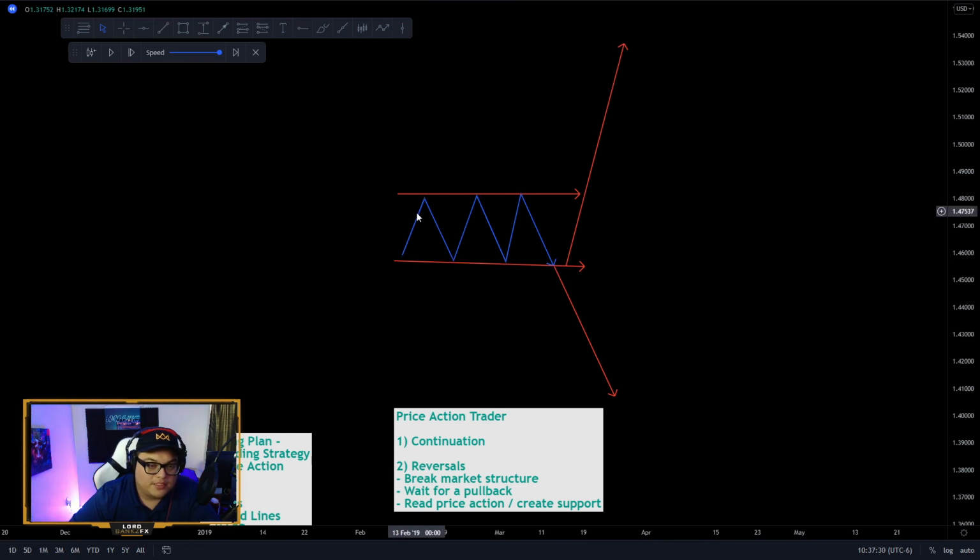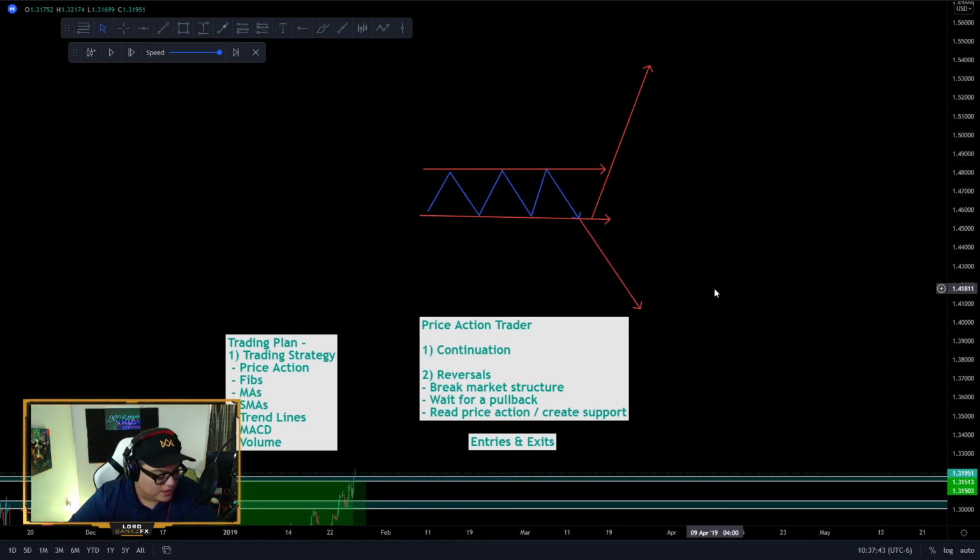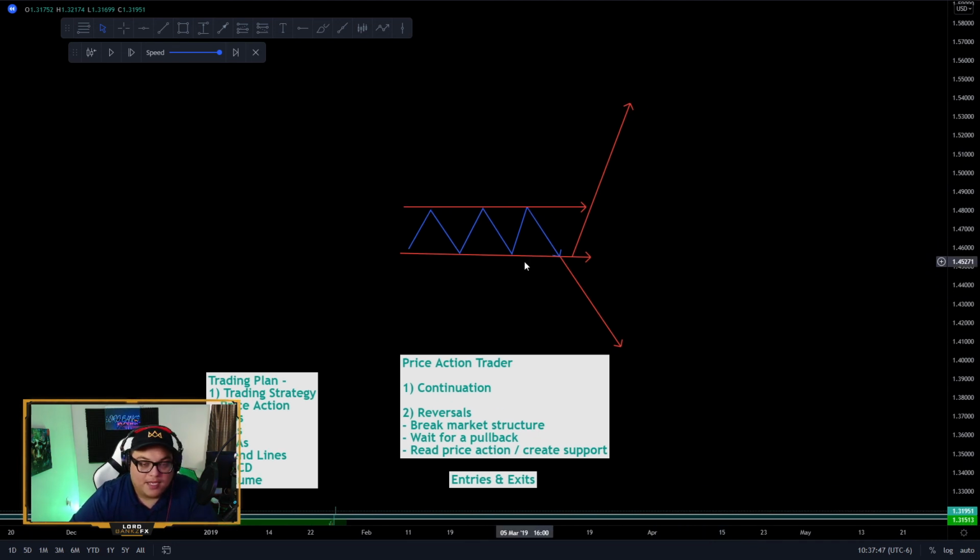Some traders don't like to trade consolidation patterns, but I do, because I'll trade zone to zone here. Zone to zone. Instead of the zone being from one level to the next, going in the moving up direction, I usually like to do it once I see confirmation that it's rejecting, I'll sell it, then I'll buy it, sell it and buy it, sell it and buy it.